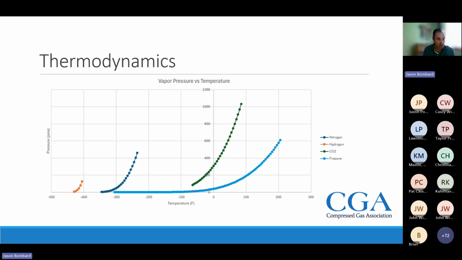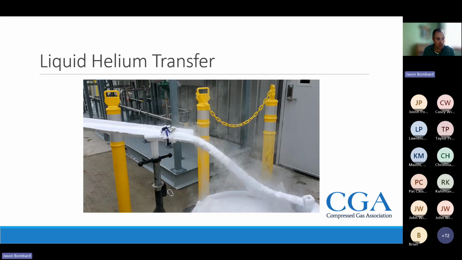Just as an example, here's a video I took at one point in my career of a liquid helium transfer. So what you see here, this is an uninsulated liquid helium hose. And if I play this, I'm not sure if you can see it, but you can see liquid dripping off the bottom of this piece of steel.